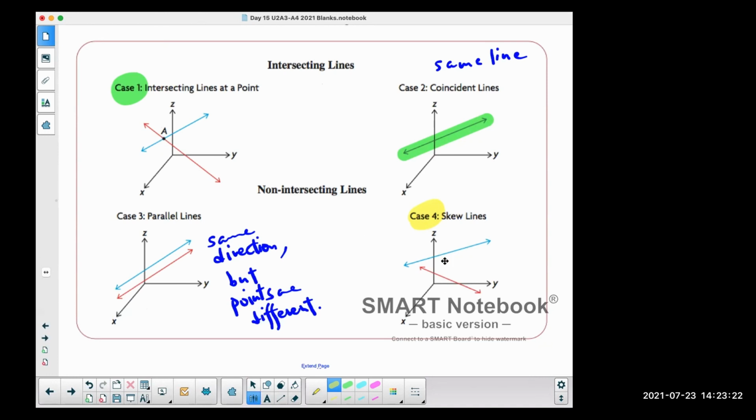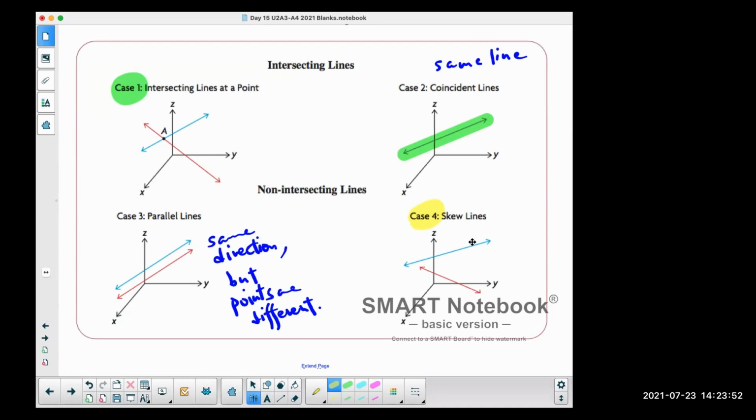Or you can have what we call skew lines, that they're not parallel, but they actually do not intersect as well. And what's tricky is how do I distinguish between those 2? Because 2 of the 3 coordinates are going to be equal in this particular scenario. It's just the 3rd coordinate that is not overlapping.